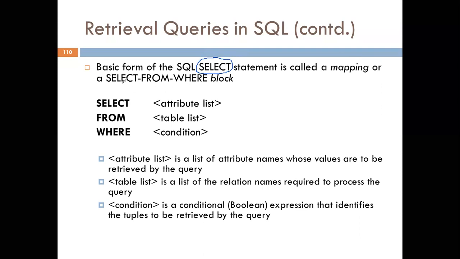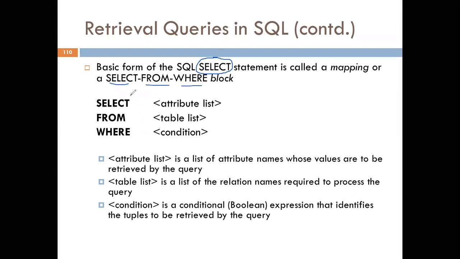It will have three parts: select, from, and where. The select command is followed by the list of attributes we want to extract, from the list of tables on which we are passing a query. Where is the condition which we want to apply on each row of a table.